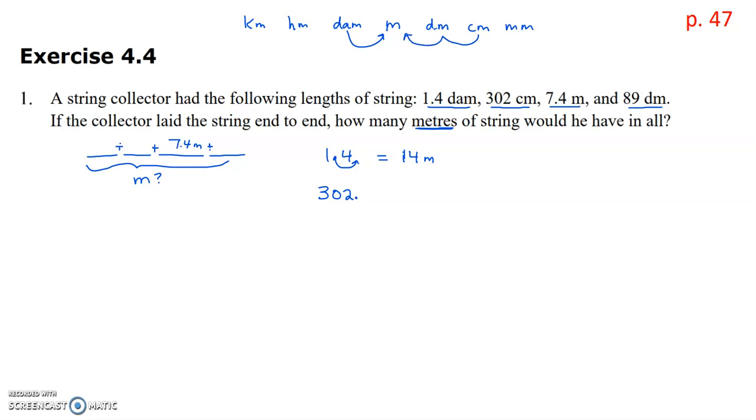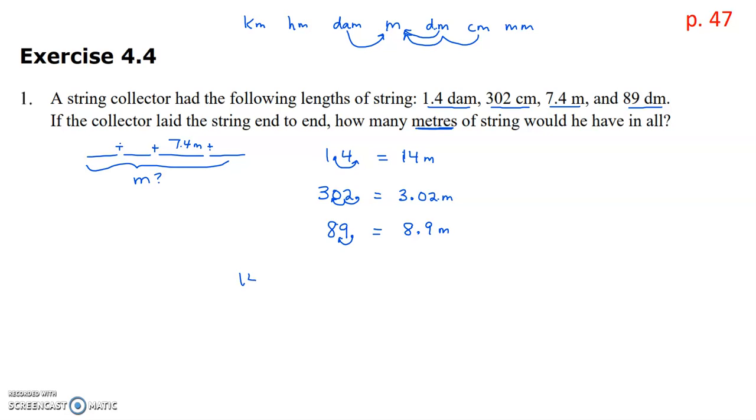So our decimal will go at the end, and we'll move 2 places to the left, giving us 3.02 meters. 7.4 meters is fine, and then the 89 decimeters, from decimeters to meters, is 1 place to the left. So we're just going to move 1 decimal place to the left, so that will be 8.9 meters.